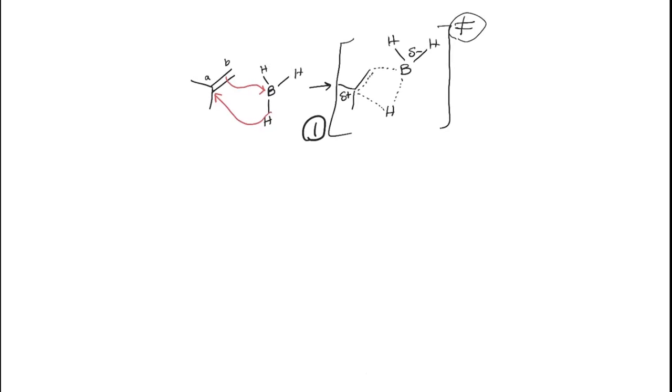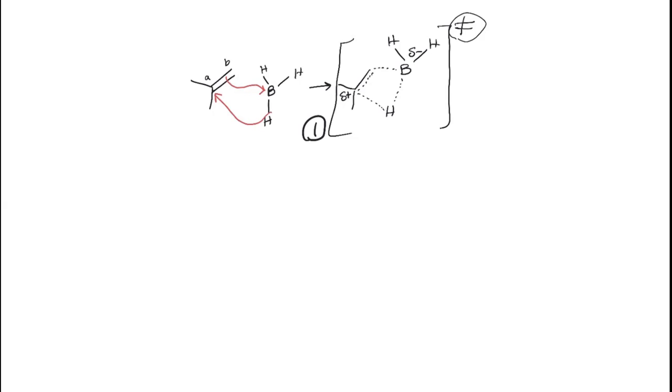And now the positive charge is where? Oh, the positive charge is on the primary carbon. Yeah. So which one is more stable? The first one. This one.